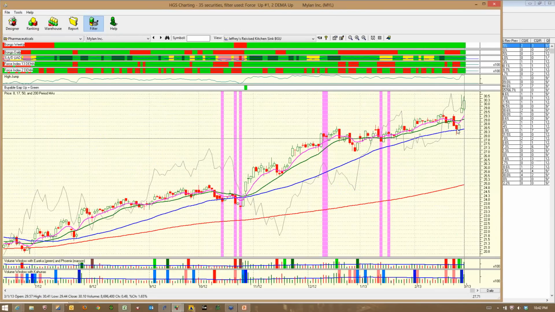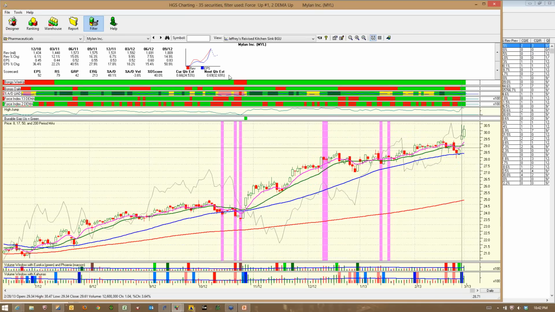Pulled back on Tuesday to the 50, which would have been an opportune time to start nibbling. Had a gap up on a good day on Wednesday, gapped up on Thursday and Friday. Everything has turned green. It makes money with good earnings per share, trades at a multiple of 11.6, and I would consider Mylan to look attractive and viable.